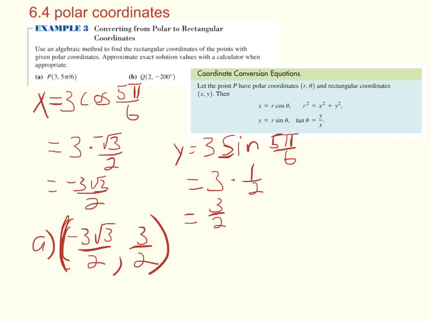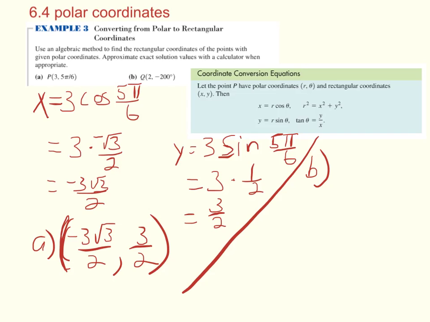So point B, the x will be 2 times the cosine of negative 200, and negative 200 would have the same value as positive 160. Now that one gets a little bit tricky because that is not on the unit circle.